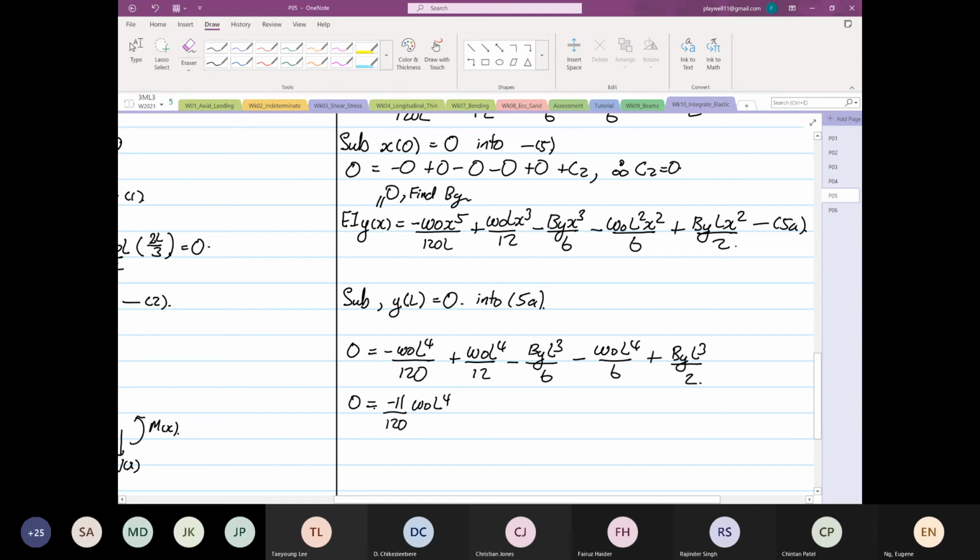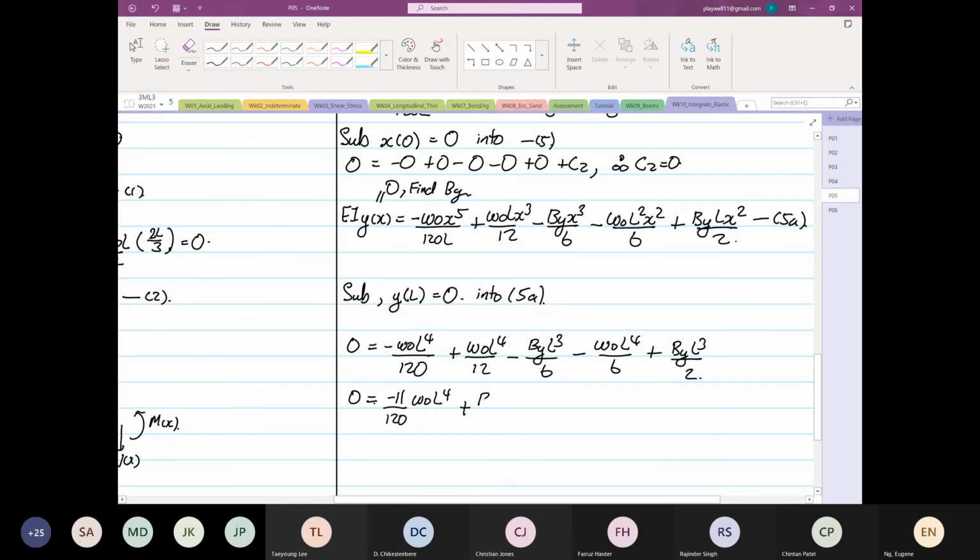And then the next one is, can be plus, right? Minus 1/6 plus 1/2. Okay, so it is equal to positive By L cube over 3.